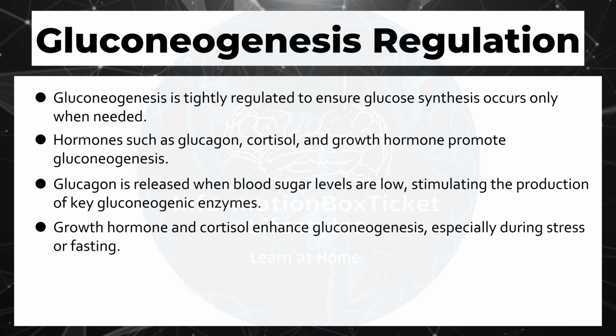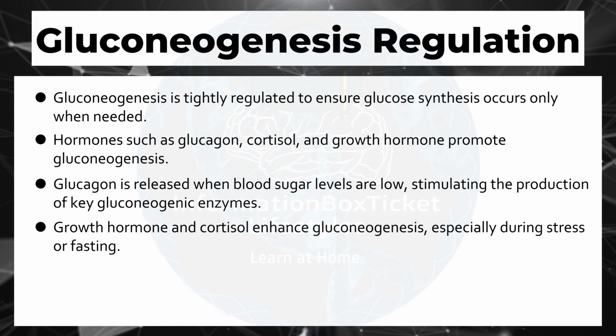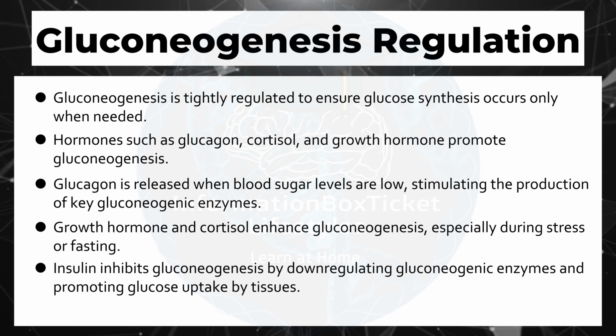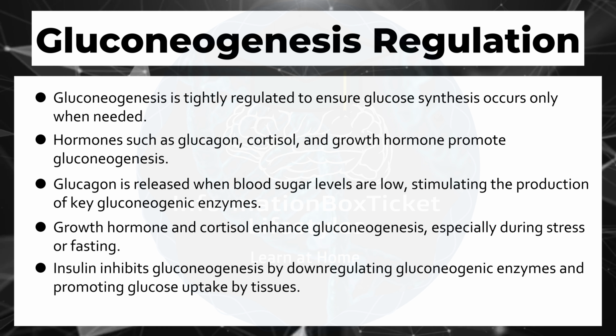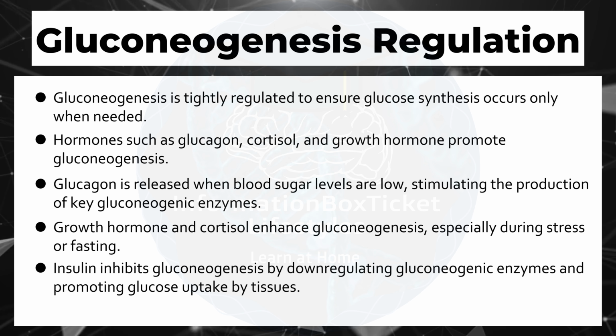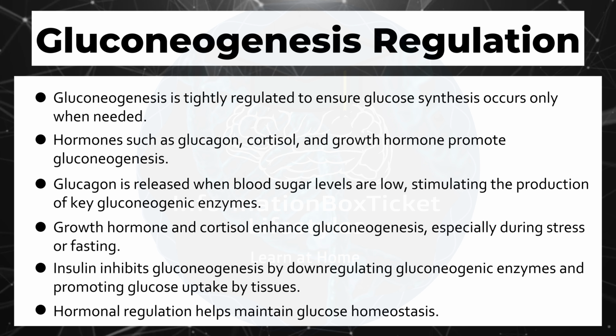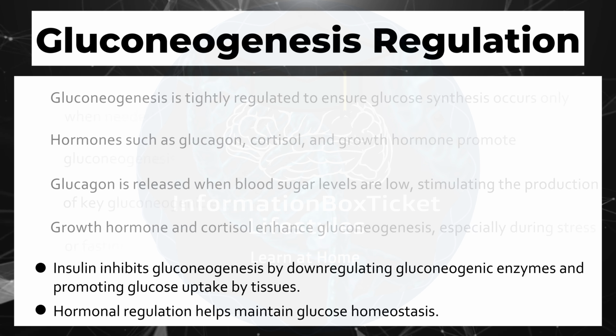Growth hormone and cortisol enhance gluconeogenesis, especially during stress or fasting. Insulin inhibits gluconeogenesis by downregulating gluconeogenic enzymes and promoting glucose uptake by tissues. Hormonal regulation helps maintain glucose homeostasis.